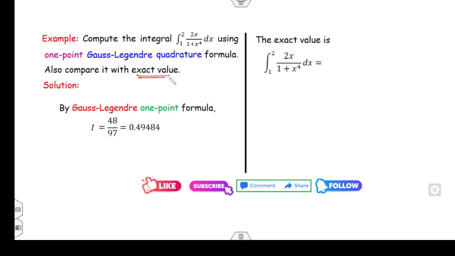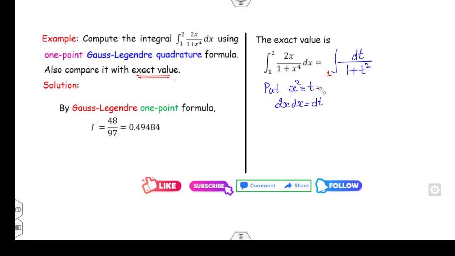And then you can compare with the exact value. How you can find the exact value? How you can solve this integration? I can use the substitution x square is equal to t. Therefore 2x dx will be my dt. So this will be dt divided by 1 plus t square. And what's the limit? When x is equal to 1, t will be 1.